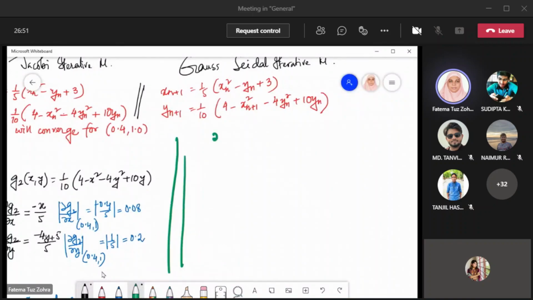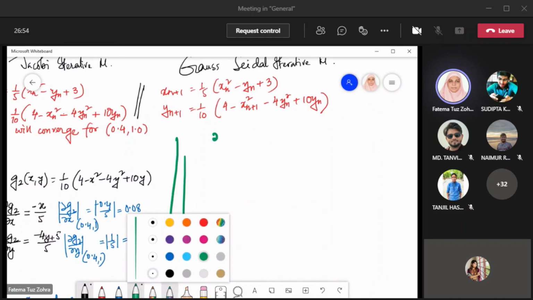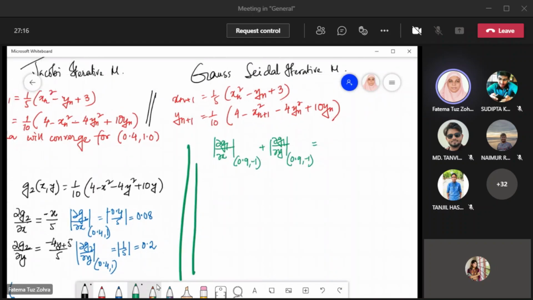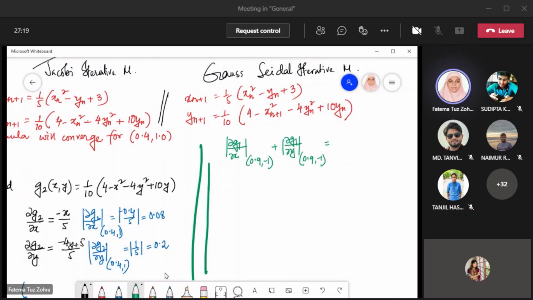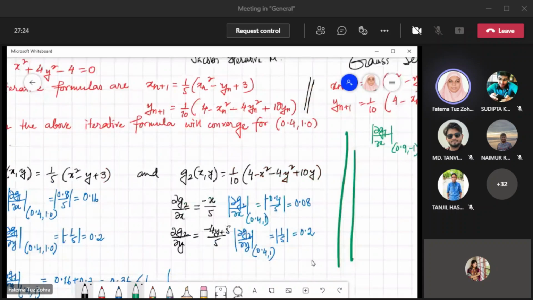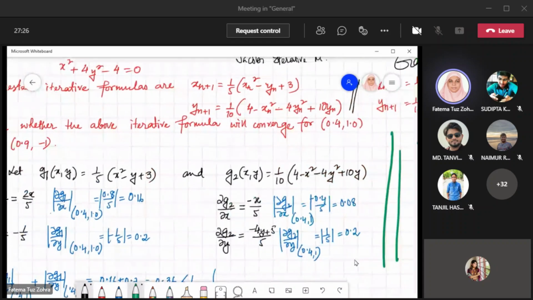So find out del g1 del x at the point 0.9 minus 1 plus del g1 del y at the point 0.9 minus 1 is equal to what? Del g1 del x was equal to twice x by 5.